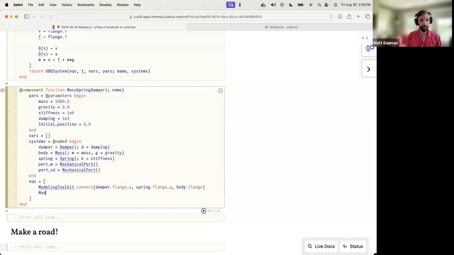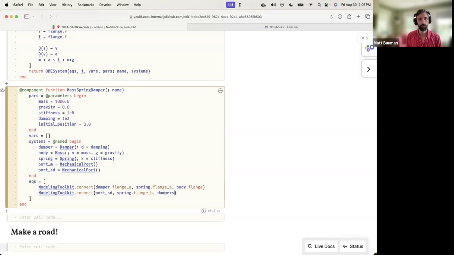What about the B side, right? Well, with ModelingToolkit.connect, we want to connect the port SD, right? This mechanical port here for the mechanics of this. We're going to connect that to the flange B side of the spring, and the flange B side of the damper.